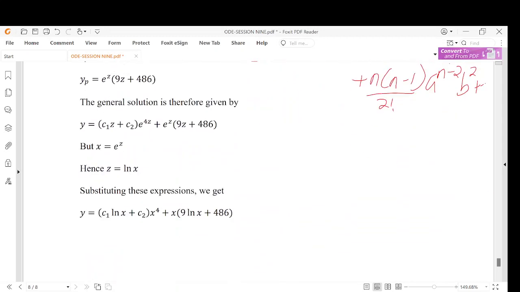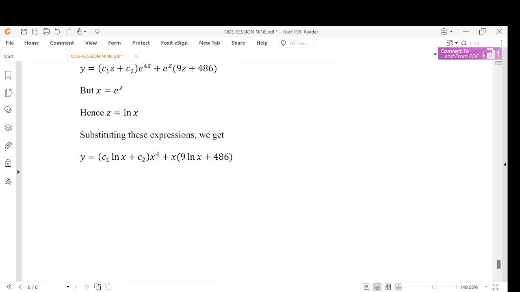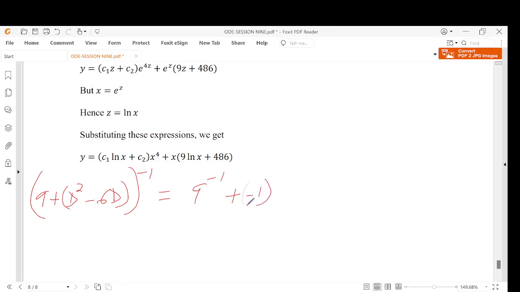So in our case, we have 9 plus D squared minus 6D, this one raised to power negative 1. So the first term will be 9 raised to power negative 1. Then the second term would be minus 1 times 9 raised to power minus 2.